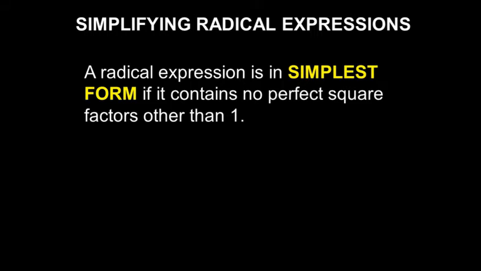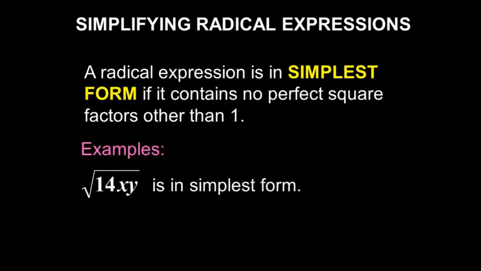A radical expression is said to be in the simplest form if it contains no perfect square factors other than 1. In what particular part? In the radicand. Example, the square root of 14xy is in simplest form already. Why?